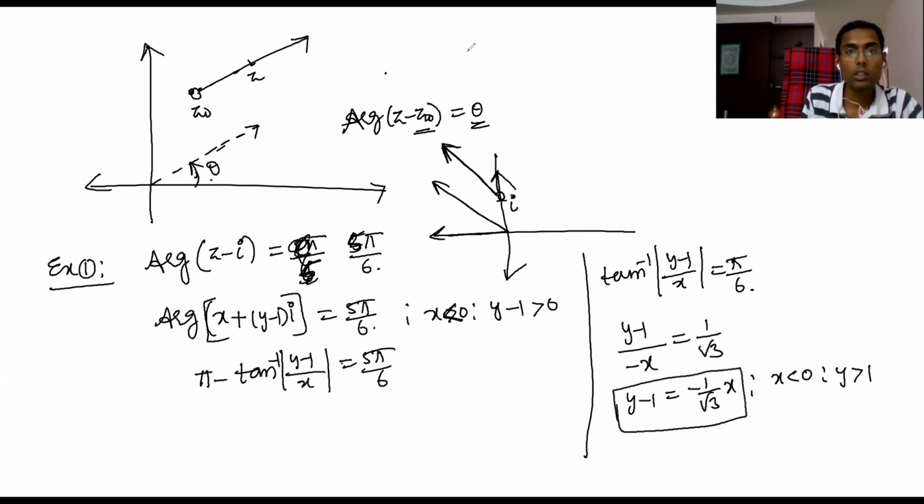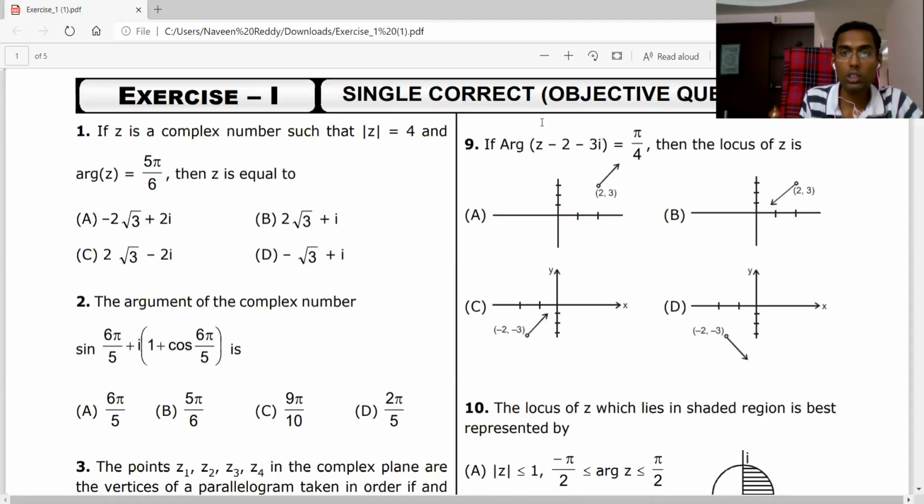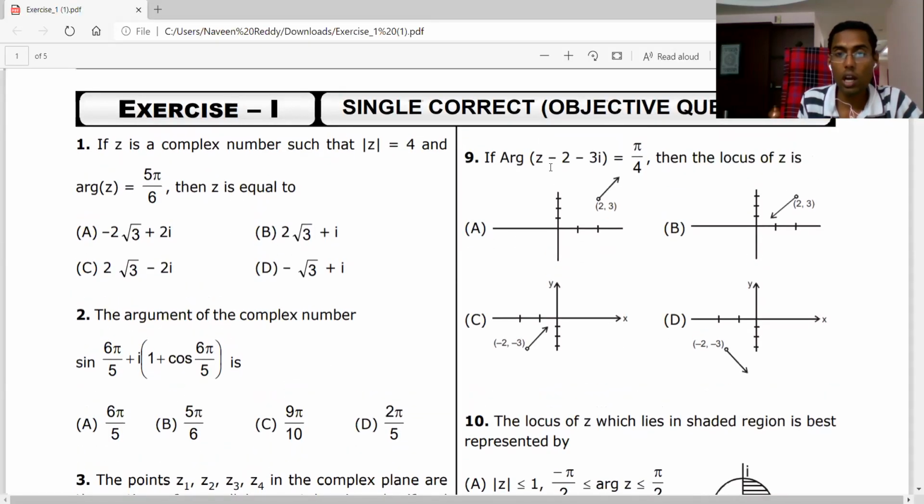All right, so now your question is there. That is the reason I had to explain all this. The ninth question: argument of (z minus (2 plus 3i)) equals pi by 4. Where is that? 2 comma 3 is the initial point, excluded, and the ray makes angle pi by 4 with the x-axis.